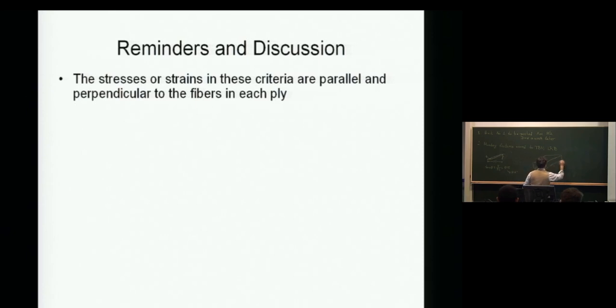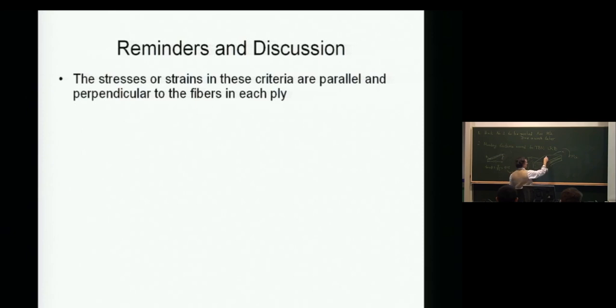So if my original X and Y coordinate is like this, and these are my plies, I have some kind of loading. Let's say I have a bending moment being applied. This translates to strains through the thickness in this coordinate system. And those strains I can relate now to stresses for each ply in this coordinate system.